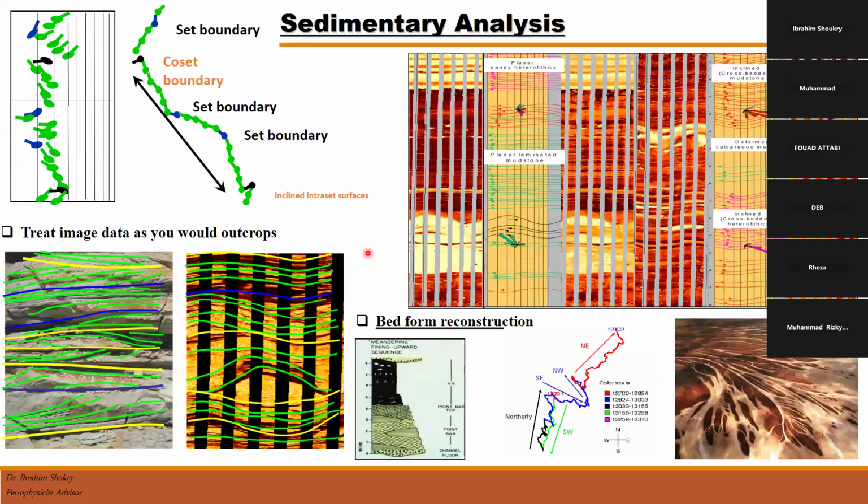We can apply sedimentary analysis by picking our beds, or by picking our set boundaries, and then picking inside each boundary, between each boundary, the major criteria of your sedimentary features.